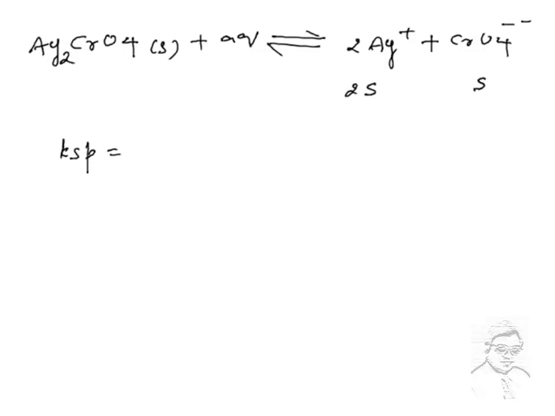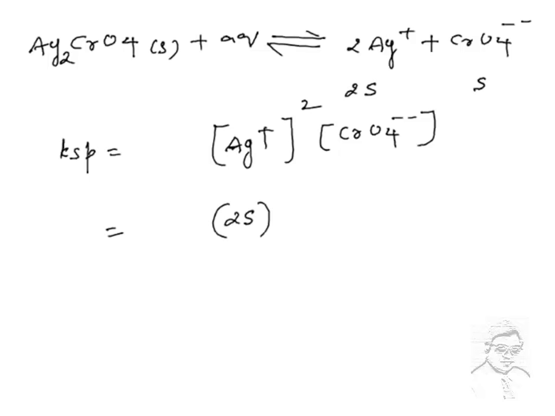Solubility product is Ag plus, but this time power 2 will come. Just like in case of Kc, stoichiometric coefficients go to the power, Ksp has come from Kc only. So similar behavior it will show. That's it. But Ag plus concentration is twice S. And this fellow has S. So we have 4S cubed.